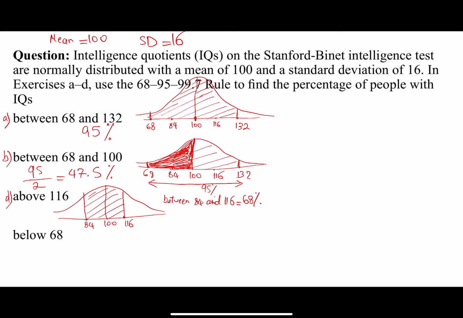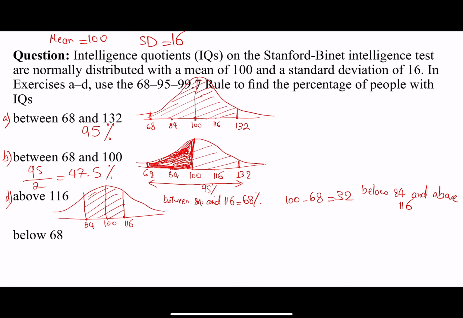We want higher than 116. So I subtract that from 100. 100 minus 68 is, use your calculator, 32. So it means we have 32% lower than 84 and higher than 116.